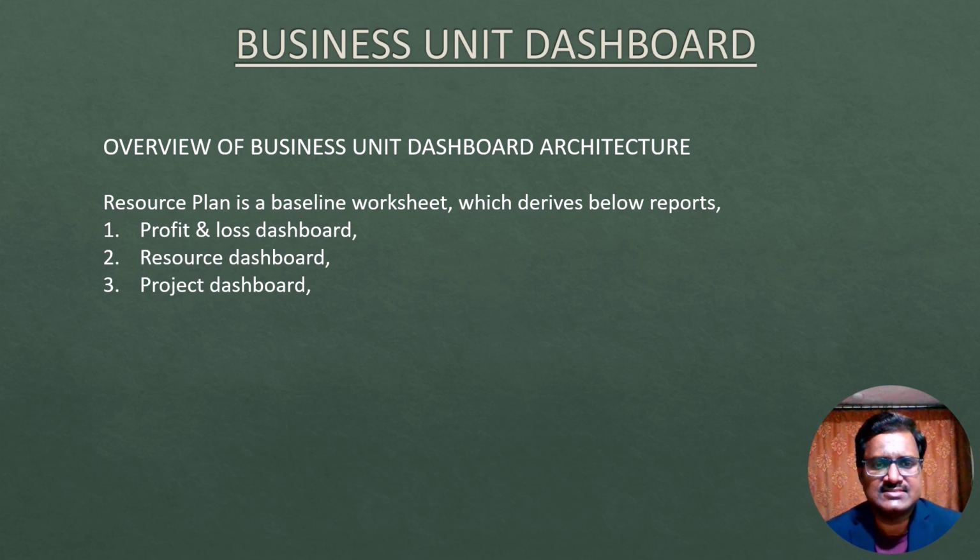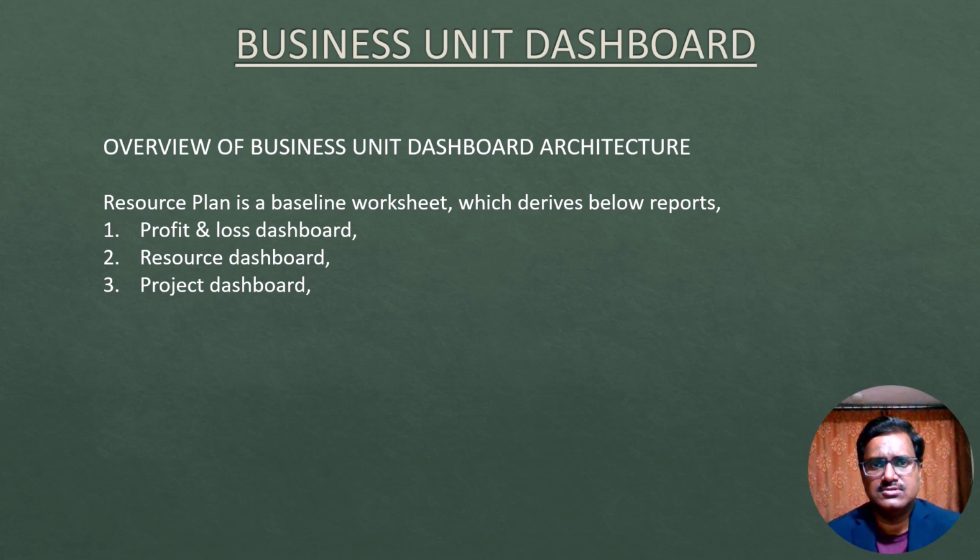Now let's discuss the architecture of the business unit dashboard. When we consider the project or program budget, the main factor is always human resources. All profit and loss is directly proportional to resource utilization. Also, project delivery status greatly depends on it.